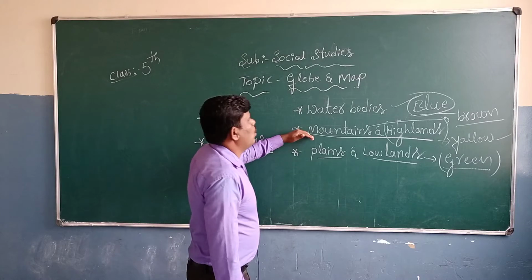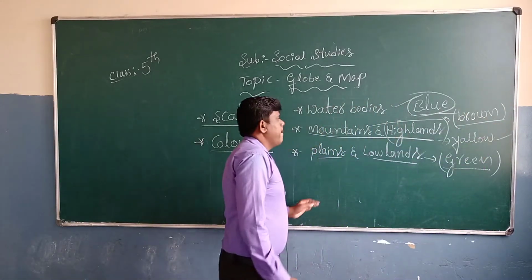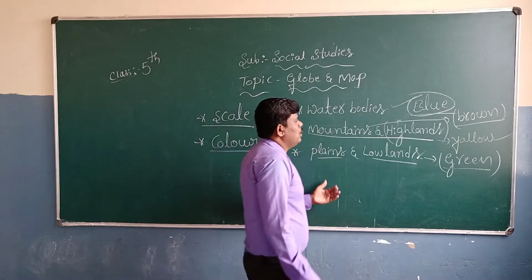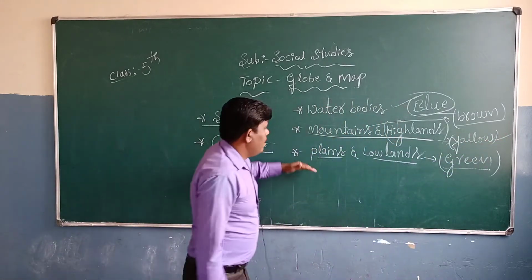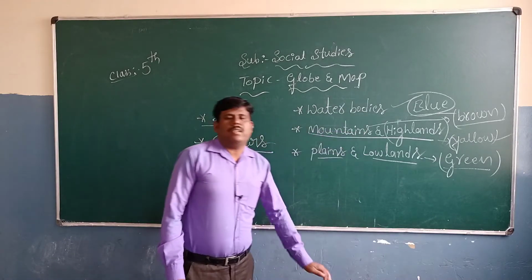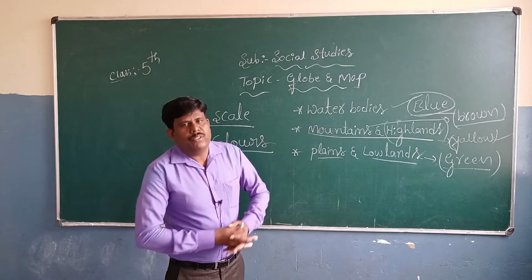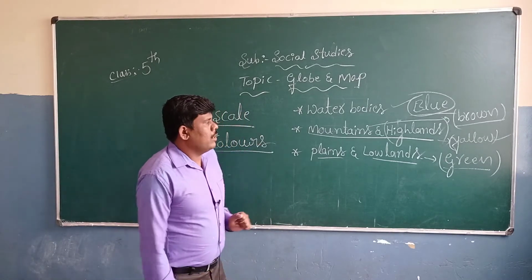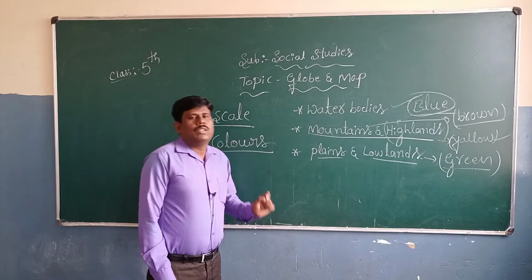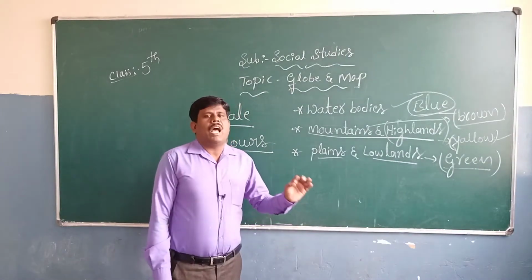Mountains are shown with brown color. Highlands are shown with yellow color. Plains and lowlands are shown with green color. These are the main colors used for showing particular places on the map.